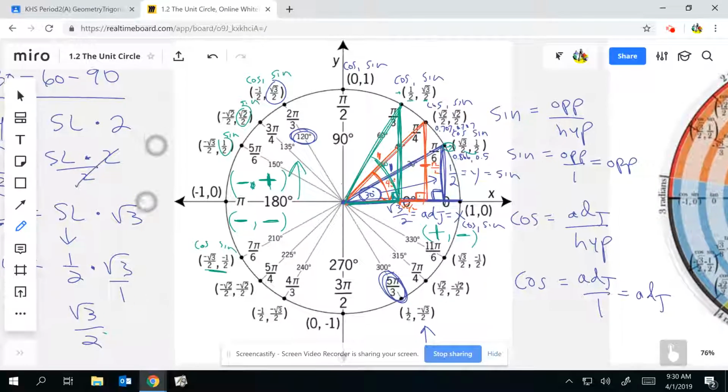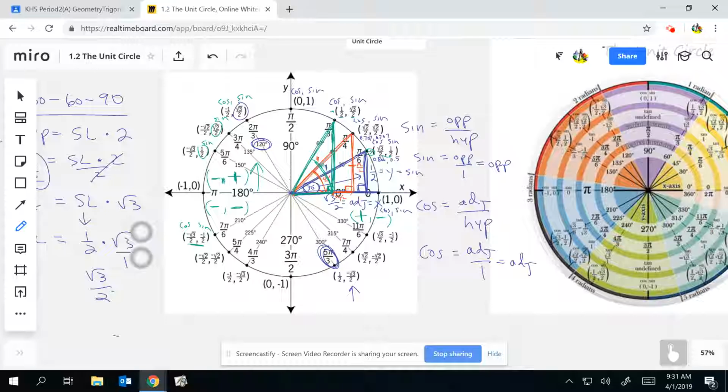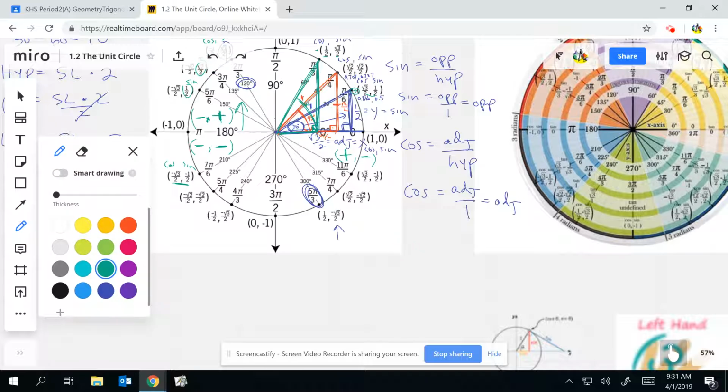Well, one thing we didn't talk about, though, was tangent. Think about tangent right now. Tangent means opposite over adjacent, TOA, T-O-A, SOHCAHTOA, and then TOA.